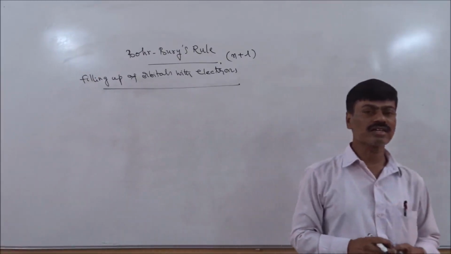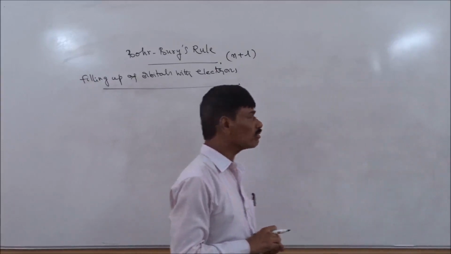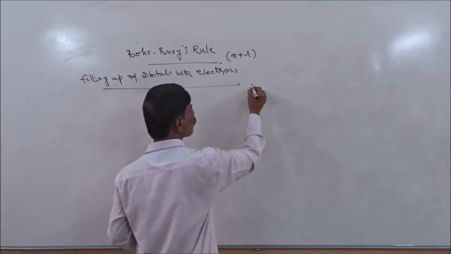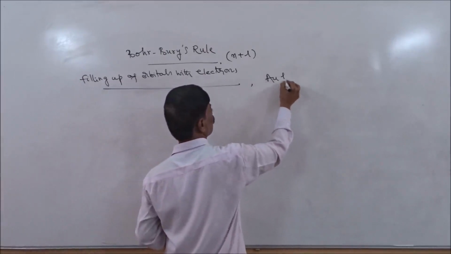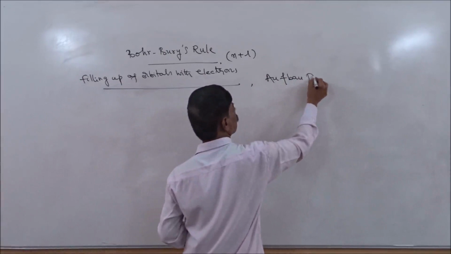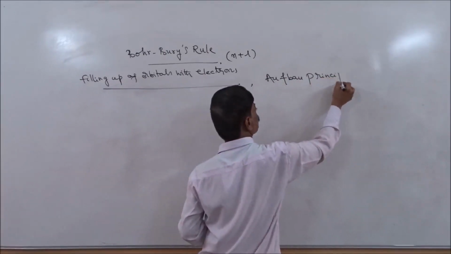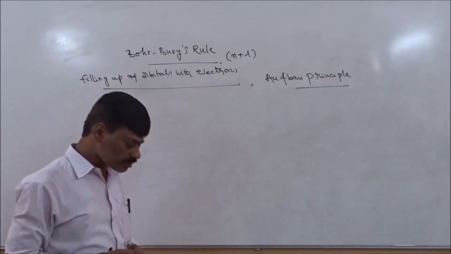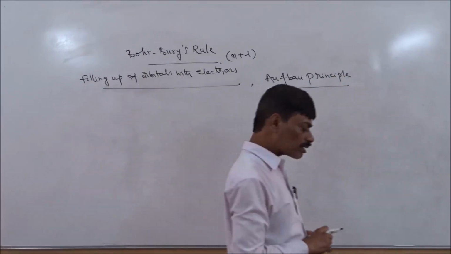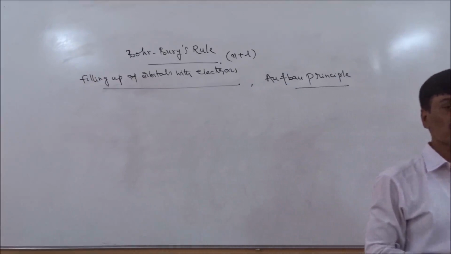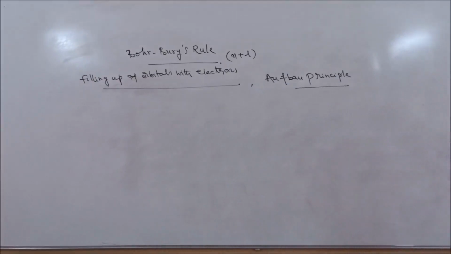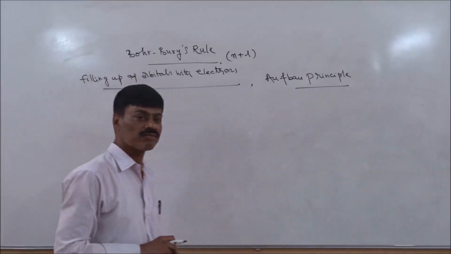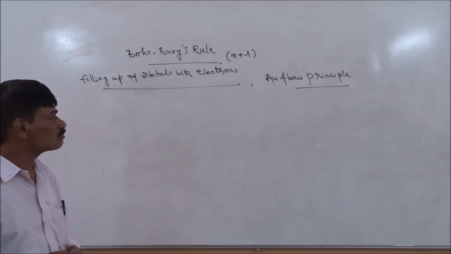Thereafter, electrons will enter into other orbitals which are associated with more energy. And in this we have the Aufbau principle. According to the Aufbau principle, electrons will enter into the orbitals which are associated with small energy first. Thereafter, electrons will enter into other orbitals which are associated with a large amount of energy.